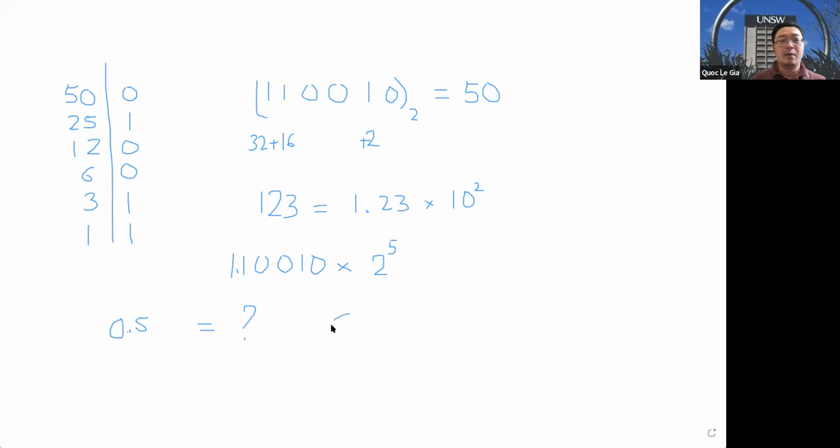Yes, it's just 0.1 in binary form. This can be understood as, after the dot, you just take 1 divided by 2. Similarly, you can represent, sorry, 0.11. Then what is this number?